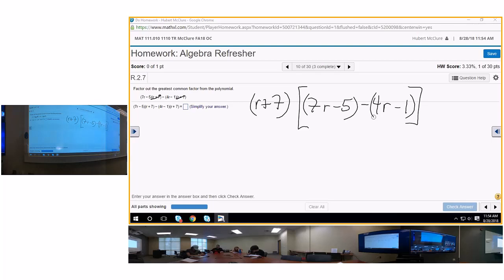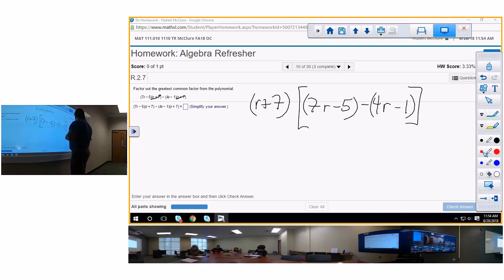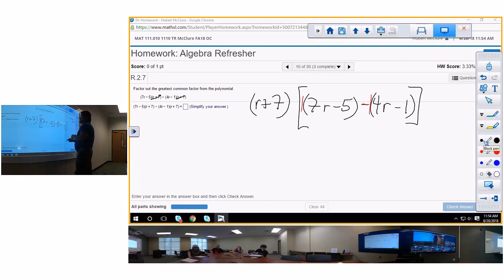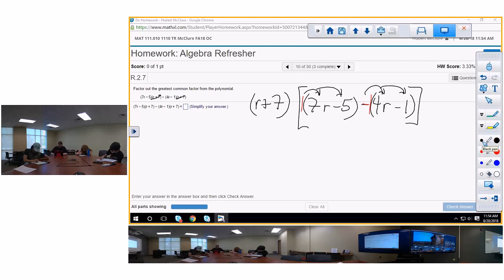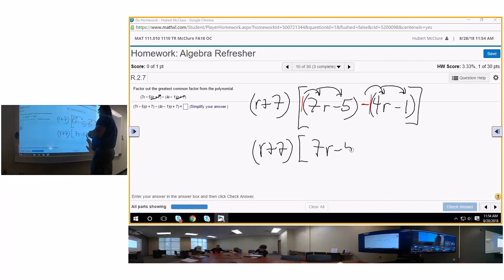Okay, now what? Well, chances are they're going to want you to clean up what's in the brackets. So we've got a positive 1 right here, and we've got a negative 1 right there. So we're going to use the old distributive law. And that's going to give us r plus 7, 7r minus 5 minus 4r plus what?